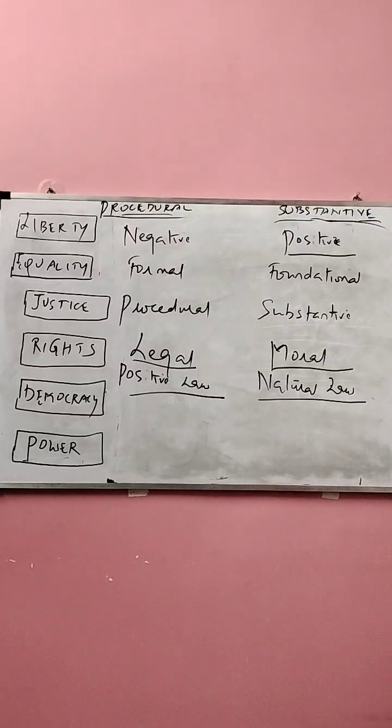Positive law is nothing but man-made law. Positive law is established in the modern period. Positive law itself is based on the foundation provided by natural law. Take the Indian state. We can see positive law through the Indian Constitution. But the positive law, the Indian Constitution itself, is a reflection of the natural law.